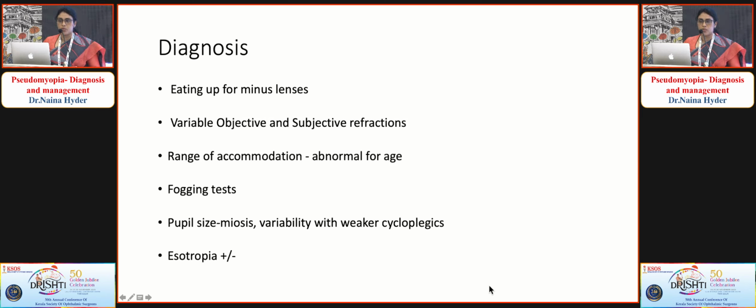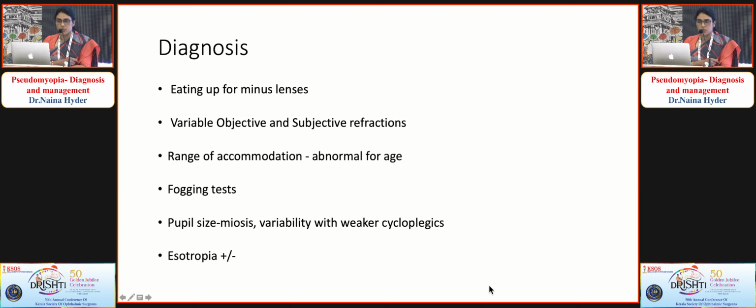There will be variable objective and subjective refractions in these patients. The range of accommodation will be abnormal for age. The refractionists sometimes do the fogging test, but they cannot relax the accommodation because the patient keeps on eating up the minus lenses. The pupil size shows miosis, and you can see changes in the pupillary size.